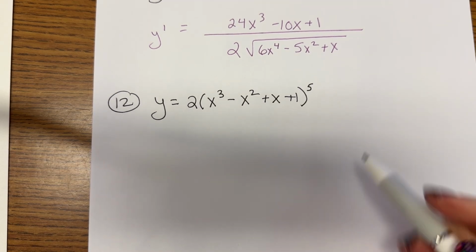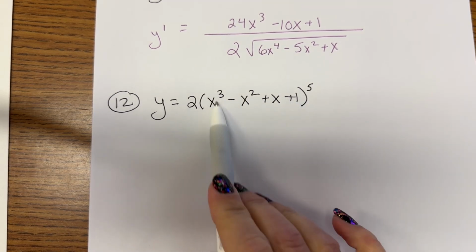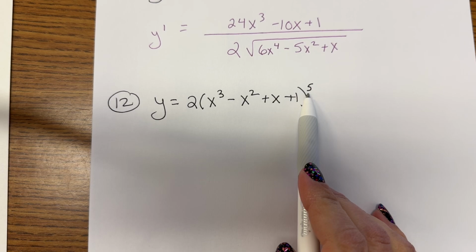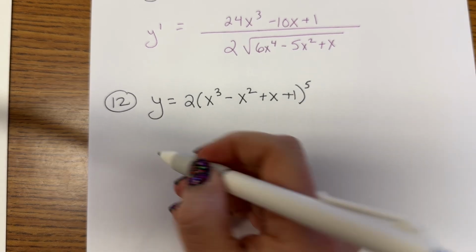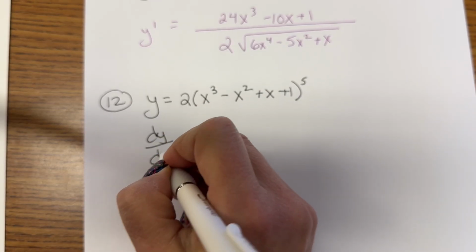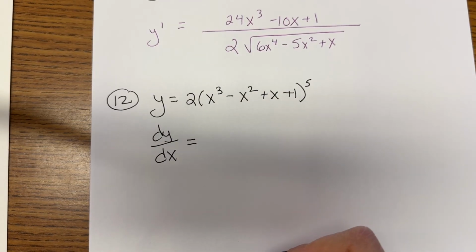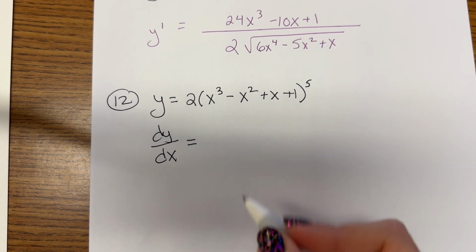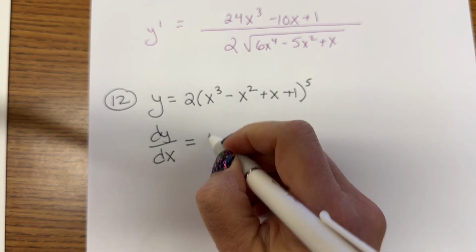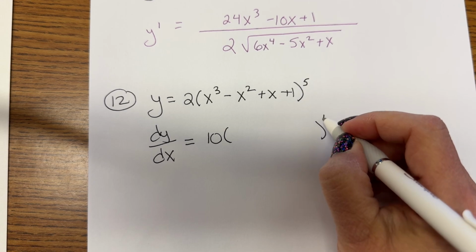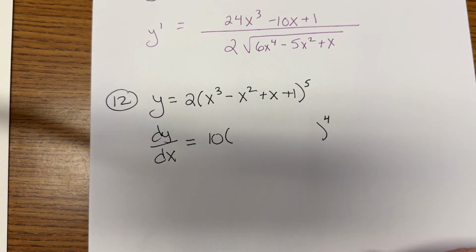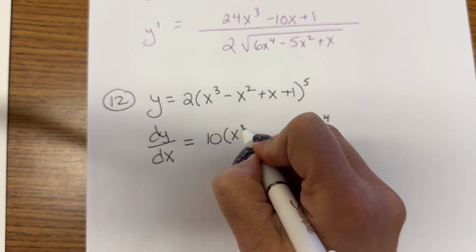Is another chain rule situation. We have this polynomial inside the 5th power with the coefficient. So our derivative is outside derivative, outside function, so 5 times 2, subtract 1 from the exponent, leave the inside alone.